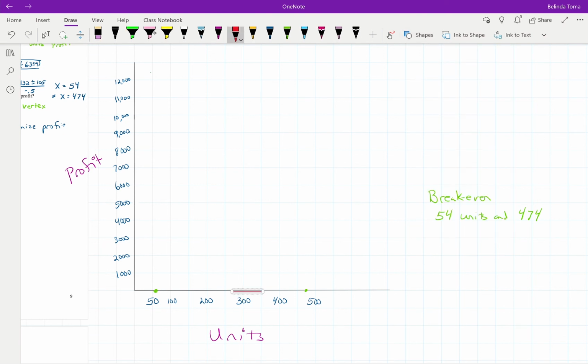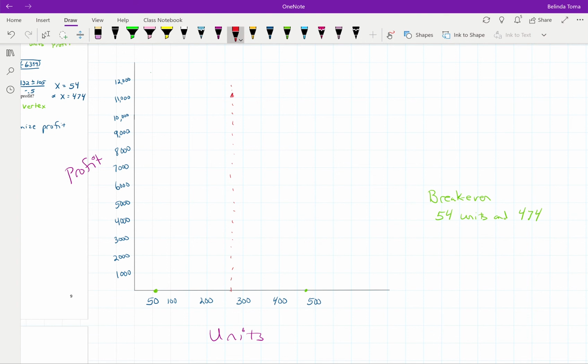So let's go ahead and make an axis of symmetry here. And at 264, I'm just going to draw a vertical line here. And our maximum would be at 11,025, so a little bit more than 11,000.